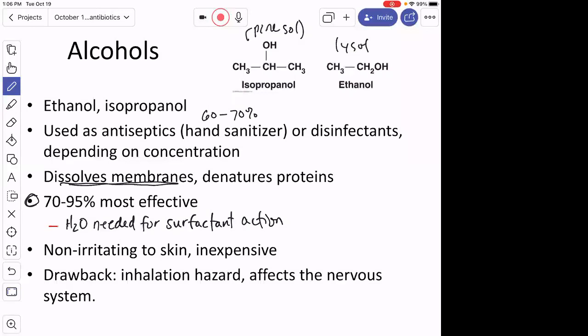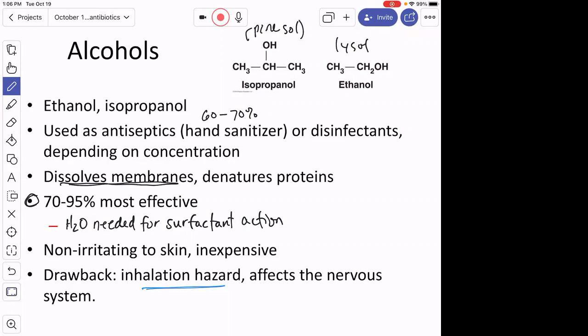It's not irritating to the skin, and it's really cheap. Those are other reasons it's so widely used. It is a bit of an inhalation hazard, more so if we use concentrated alcohol to decontaminate a whole room. You wouldn't want to breathe a whole lot of that in.